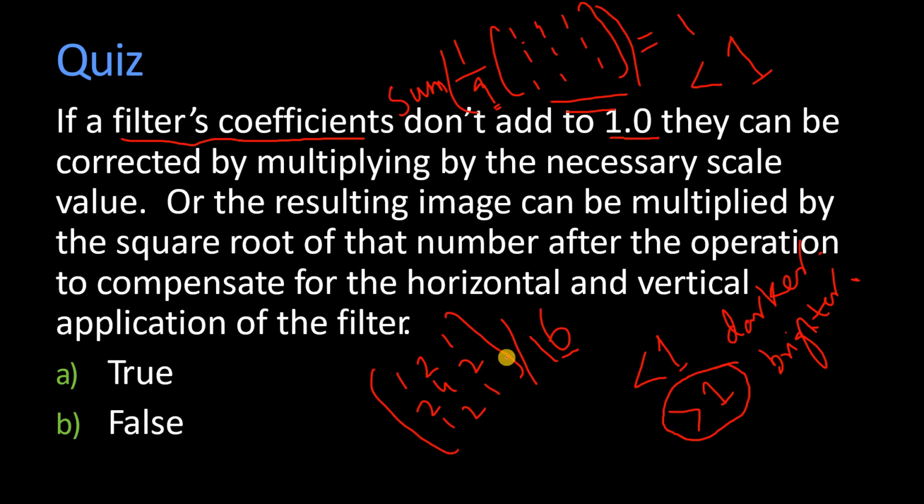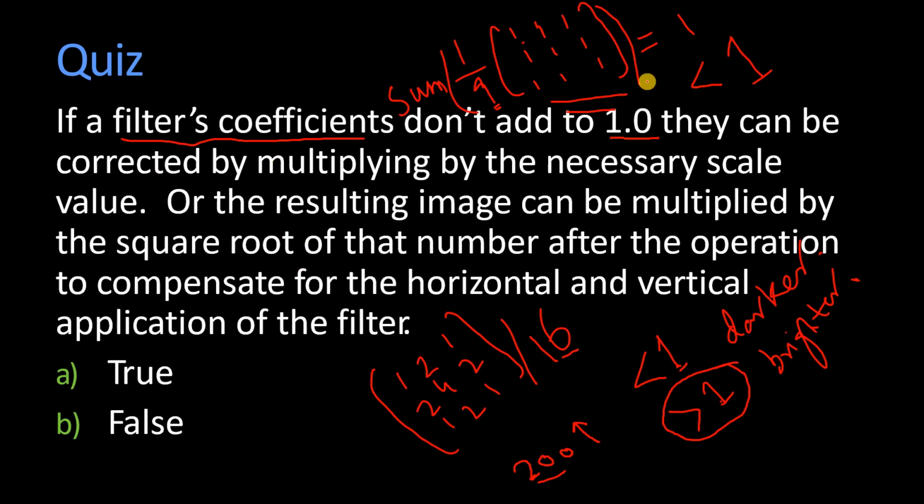Remember from your media computation course, if a pixel value is for example 200 and you multiply it with some value greater than 1, you are increasing it, so your image will become brighter. If you multiply 200 with a value smaller than 1, you will make it dark. Clear?